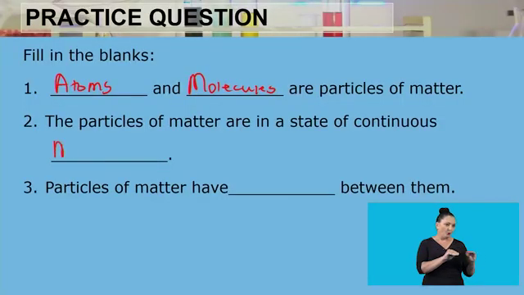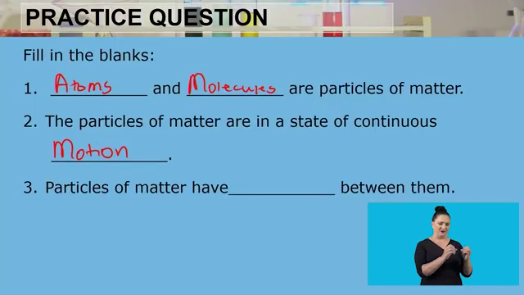We know that the particle model of matter theory tells us that the particles are always in constant motion. So this is going to be motion. The particles of matter are in a state of continuous motion. They are always moving, vibrating, sliding across each other, and also moving in random directions as they do in gases.